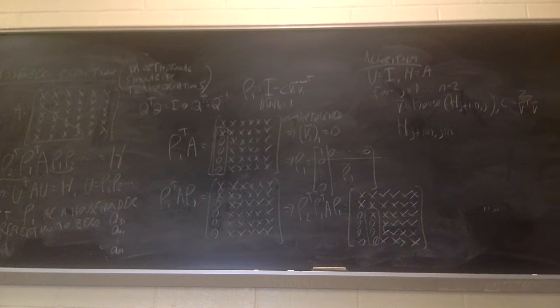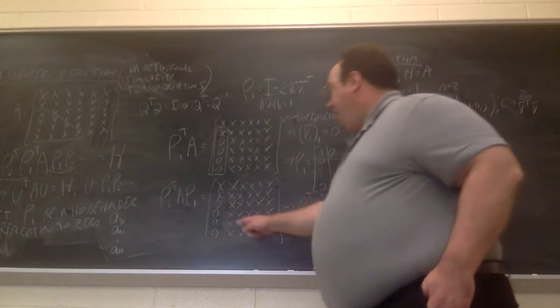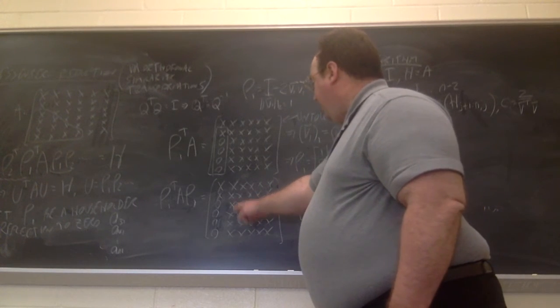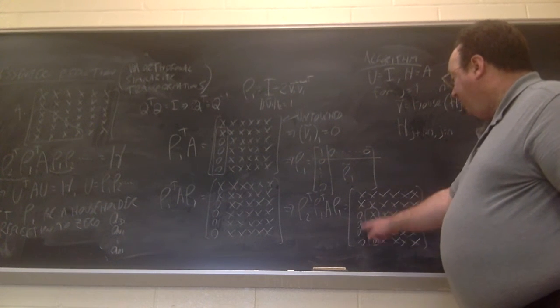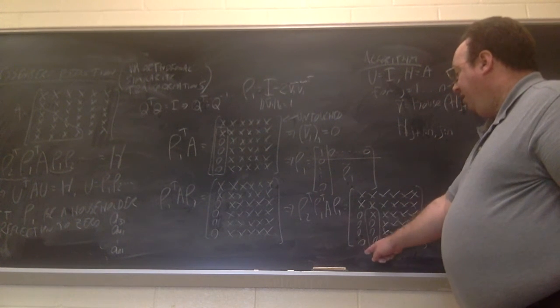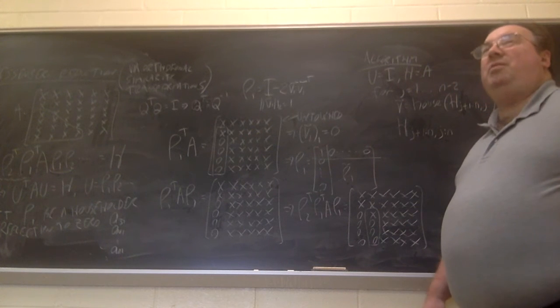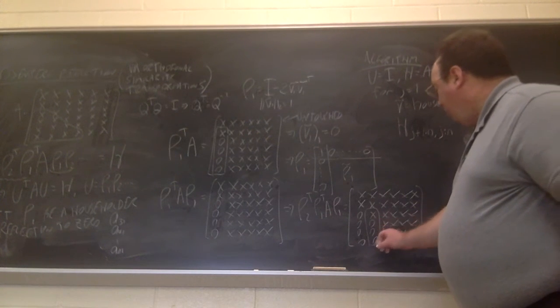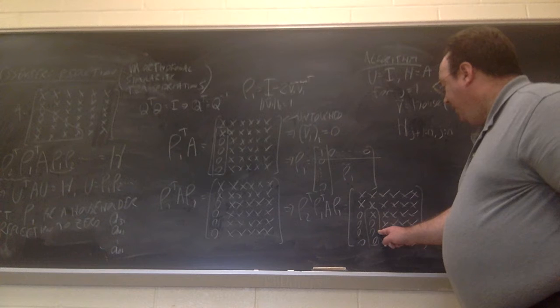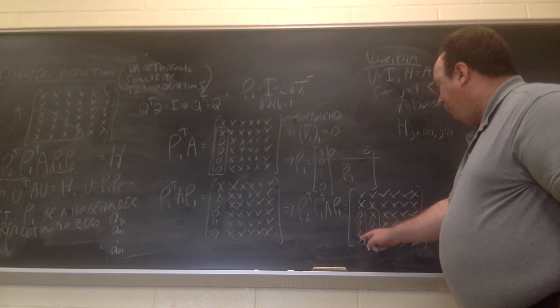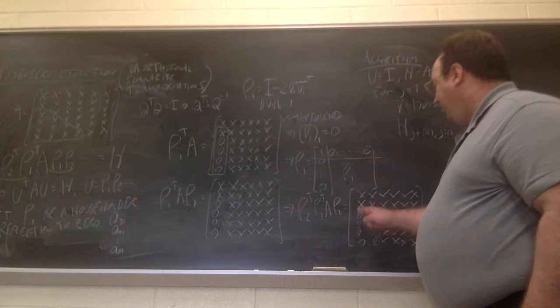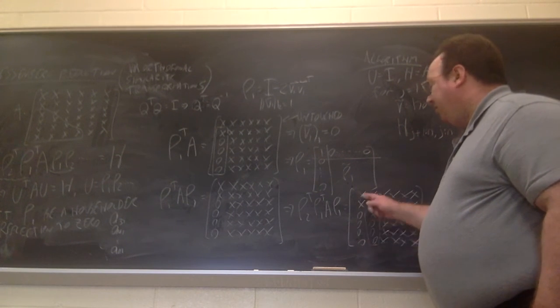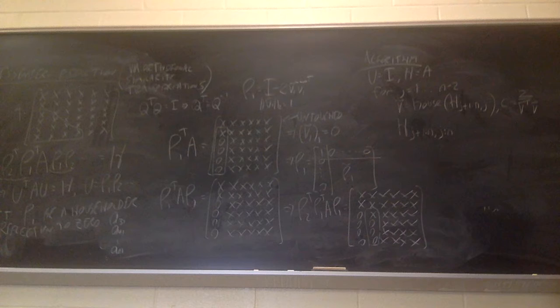Reason why is, would I go to apply the second householder reflection? I don't want to bother with this part because it's already 0. I want to work on this part of a column, but if I apply my householder reflection to this column also, all I'm doing is linearly combining zeros. It's wasted effort.